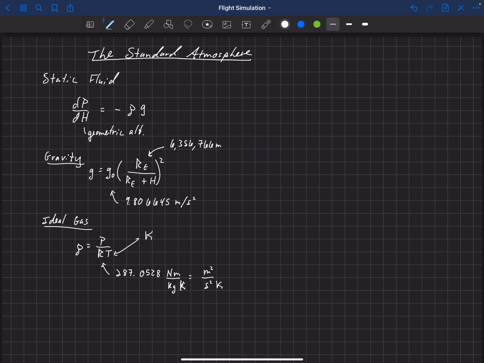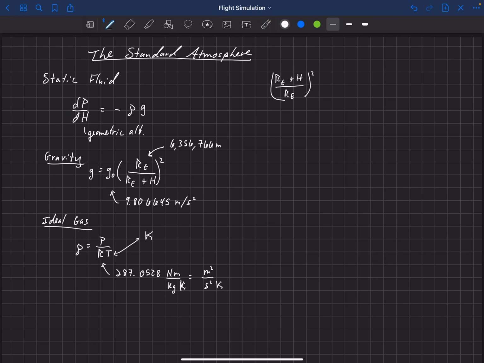All right, so let's plug both of these in. Okay, so we've got our density equation here, we're going to plug in there, and our gravity equation here, we're going to plug in that. And so we can rewrite this as, and I'm going to move some stuff to the left-hand side. So we'll get (RE plus h over RE) squared. So I took this guy, which was on the right-hand side over here, and moved it over to the left-hand side of this equation.